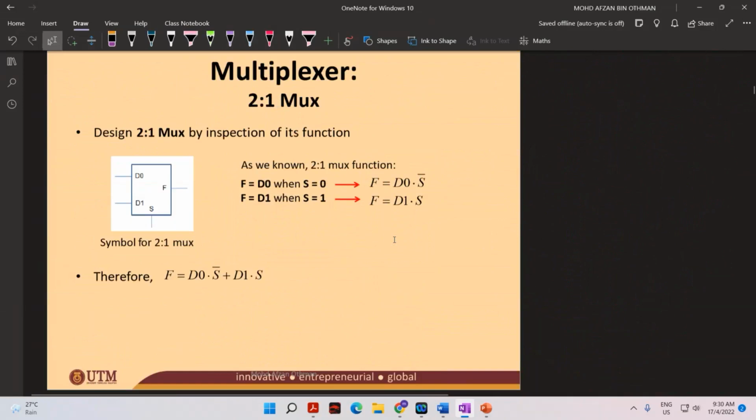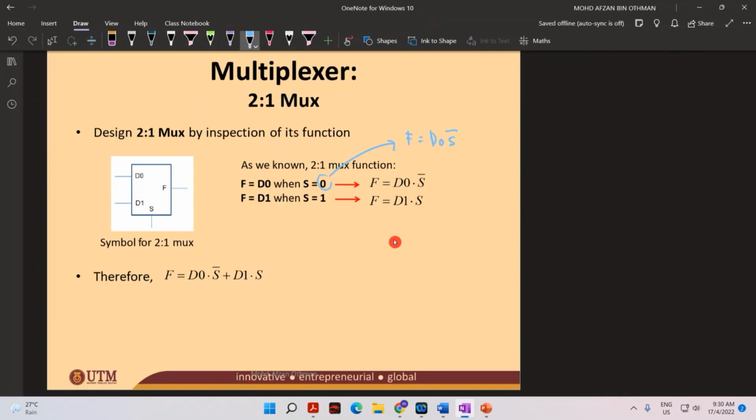Okay, now you're going to design 2 to 1 mux by inspection of its function. Okay, so dia bagi tahu kat situ, as we know that bila F sama dengan D0, S sama dengan 0, bila F sama dengan D1, S sama dengan 1. So what happen here is from here, okay, you can dapatkan terus dia punya persamaan. Okay, di mana F sama dengan D0 S bar. Kenapa D0 S bar?